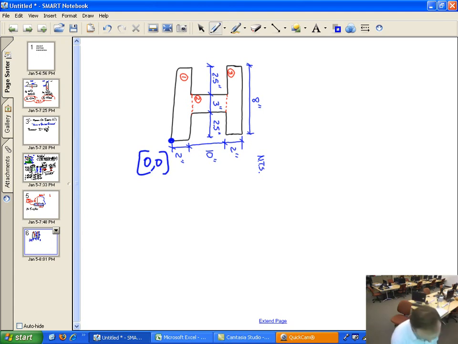Section 1 has a centroid of 1, 4. Section 2 is at 7, 4. And section 3 is at 13, 4.